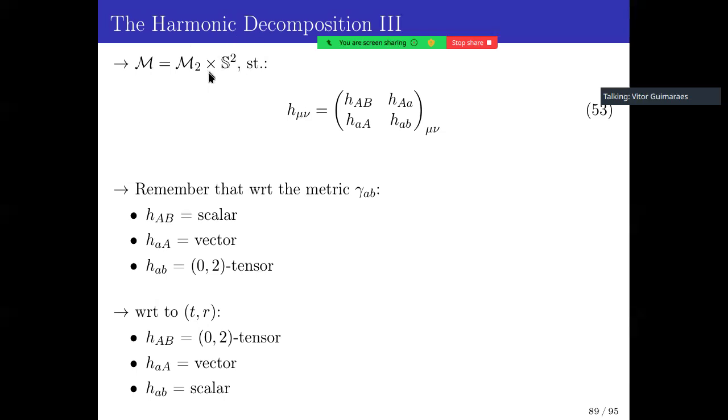Elements of this manifold that do not transform with respect to T and R, right? They don't transform in time or in the radial coordinate, but they transform with rotations. And here they don't transform with rotations, right? This is why we subdivide this character of the terms in each one. It's going to be important for the way that we decompose each of these elements here, okay? So is there any question about this?